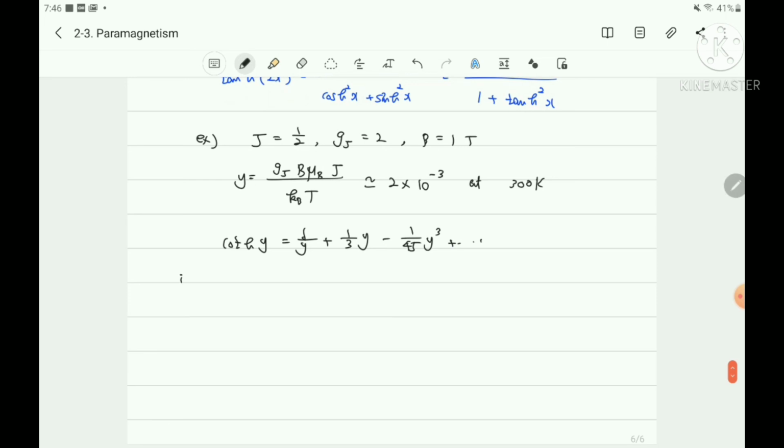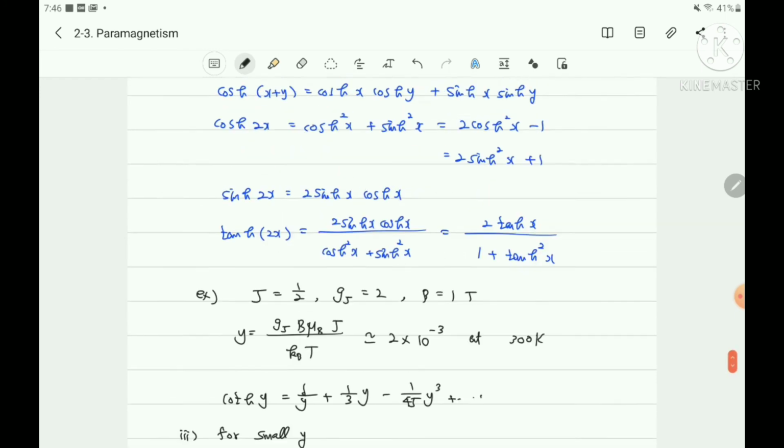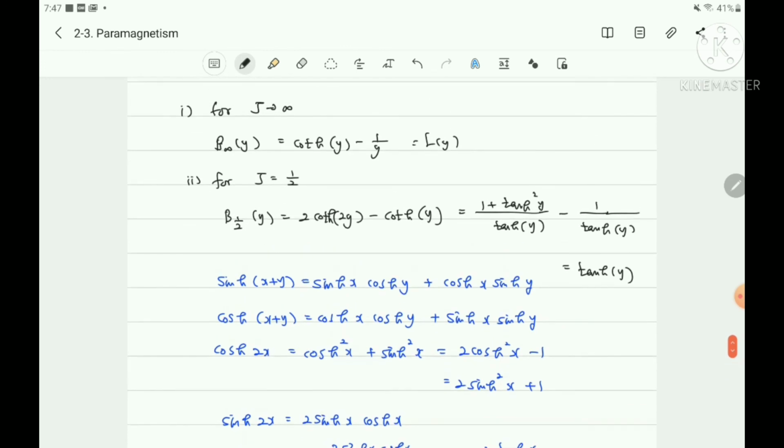Therefore, let's estimate for small y the Brillouin function.